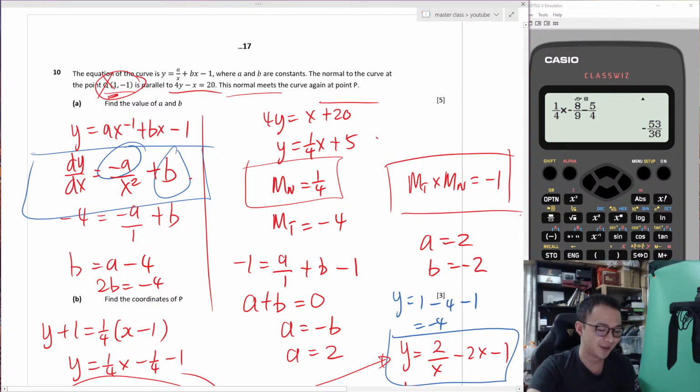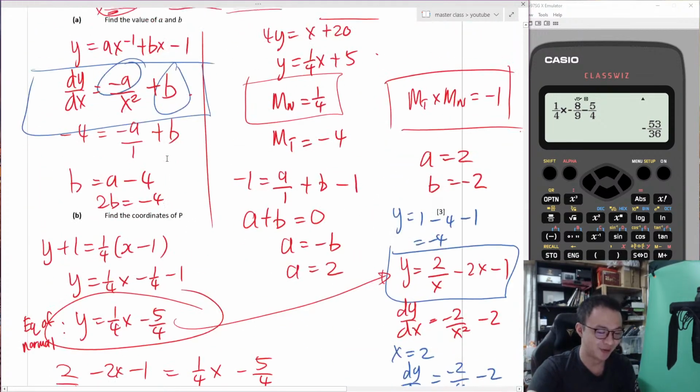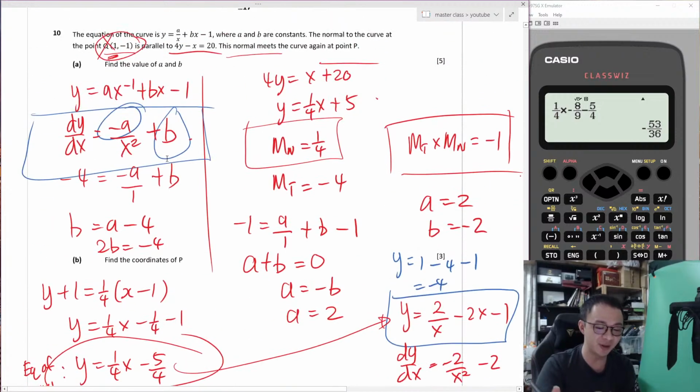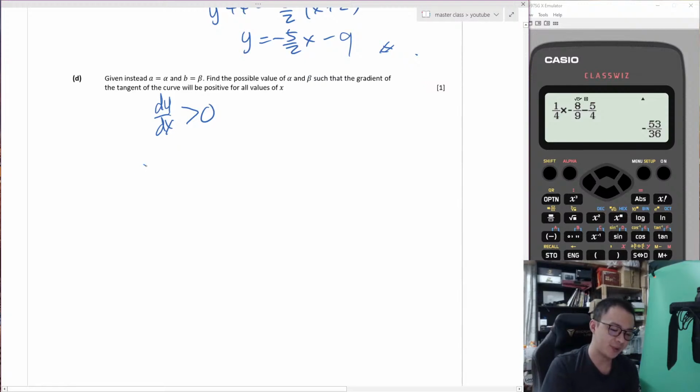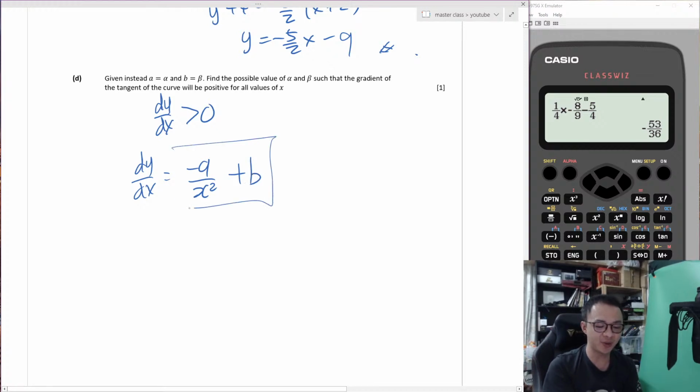Okay, cool. Okay, then I will just say, because the dy/dx is negative a over x squared plus b. But I want to make sure this one is always positive. That means I cannot have the negative value here.